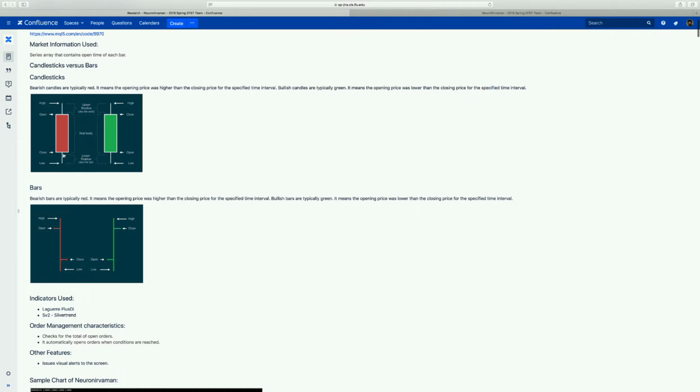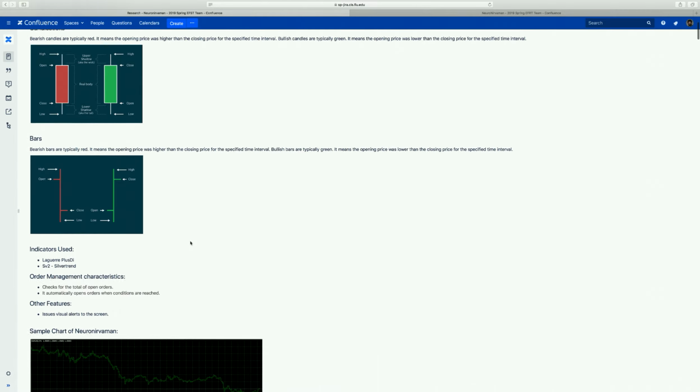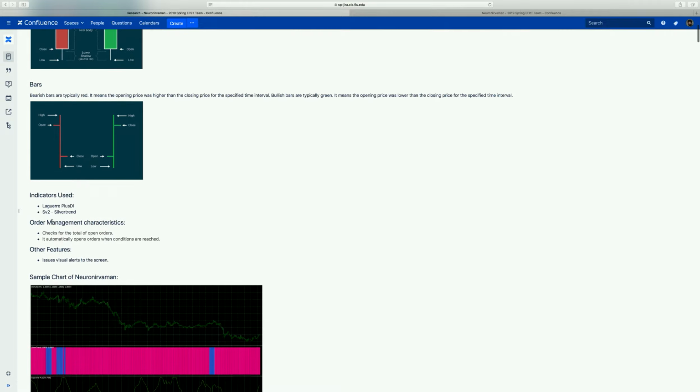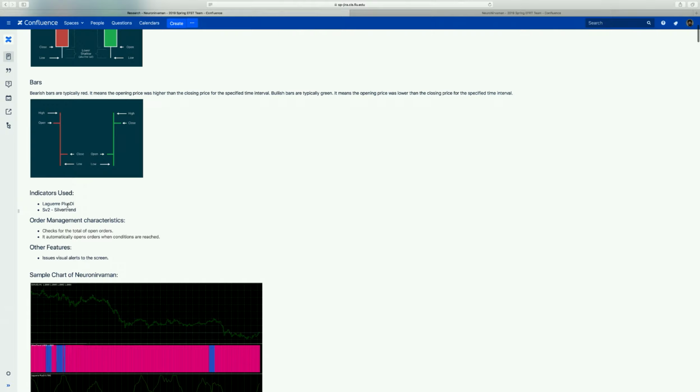Bars are the same as candlesticks, they just have a different shape, but the same general idea. You can get the same information from looking at the bars that you can get from looking at the candlesticks.